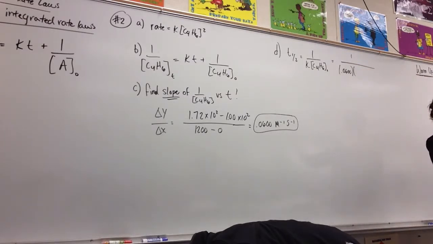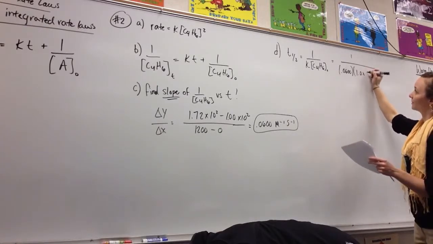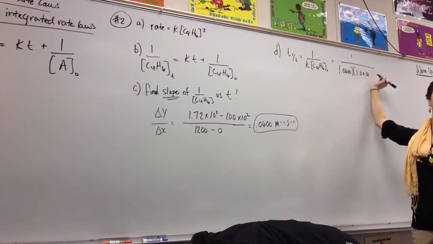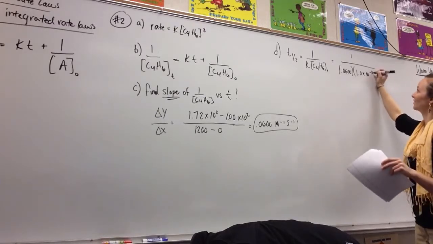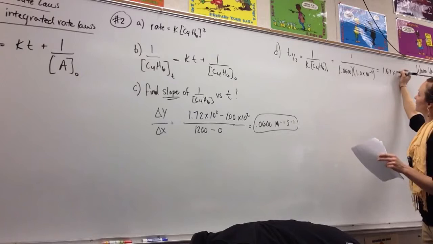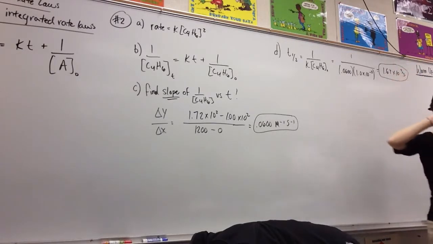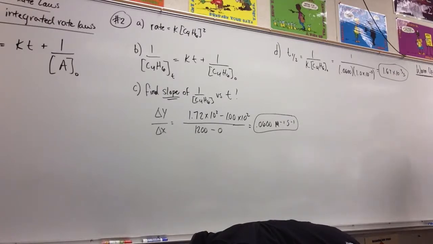Just look at t0 and look at the concentration column, and that's 1.0 times 10 to the negative 2. And we end up getting 1.67 times 10 to the 3rd seconds. Raise your hand if you got that as your answer for D. Great. Okay. So, questions before I move on from this topic?